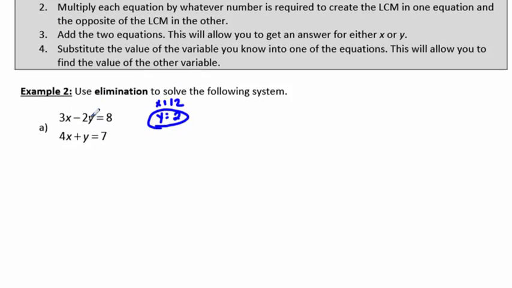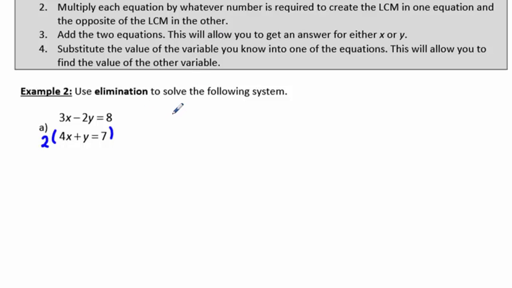Okay. So, to get a 2 in the top equation, I don't need to multiply by anything. I already have one. And to get a 2 in the bottom equation, I need to multiply by 2. I do want one of them to be a positive 2 and one of them to be a negative 2, otherwise they wouldn't add to 0. Okay, so let's multiply our equations out.